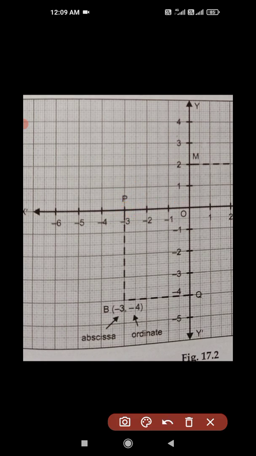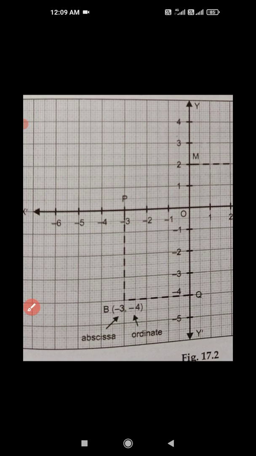And for y it is -4, so 1 2 3 4 steps downwards and we stop here. Now we have to trace this from P, you come down this side, and from Q you move this side. So these two meet at this place. Now this is the position of your point B. Likewise, you can find the position of any point in the graph paper.